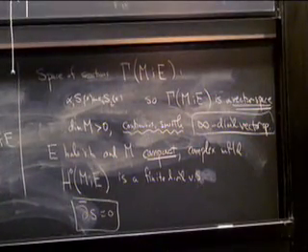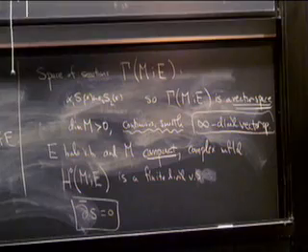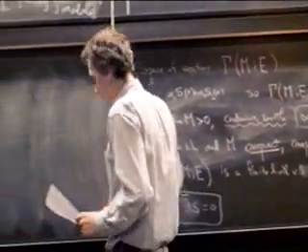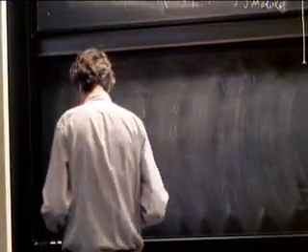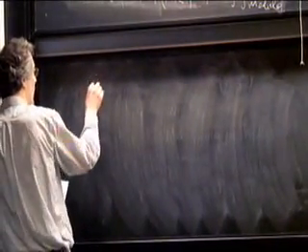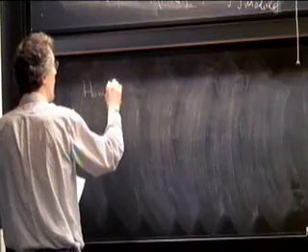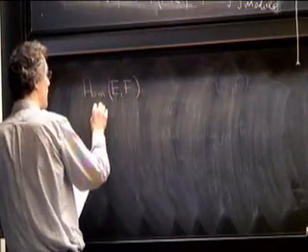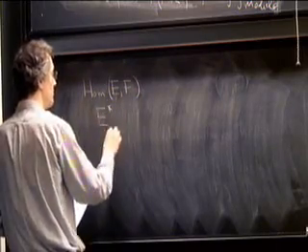Anything you can do in linear algebra, you can now do for vector bundles, with a very important catch, which I'll mention in a second. So we can talk about E tensor F. We can talk about E dual.